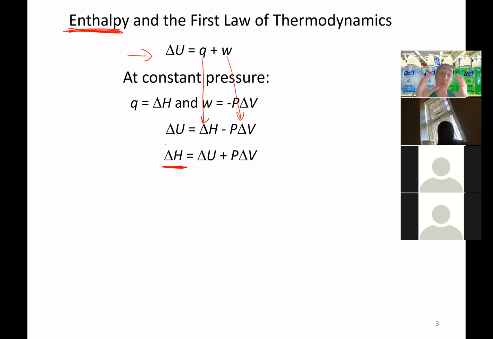That means that before it reacted, the system had a bunch of energy to start with. But at the end of the reaction, it gave away a bunch of energy. So there's a sign convention. The amount of heat that it gave off to the surroundings now tells you that it should have a negative sign.